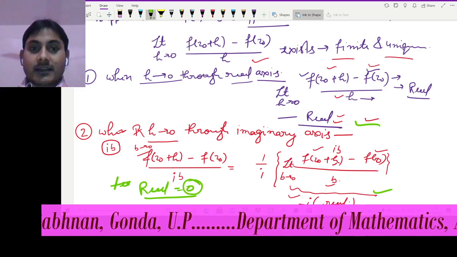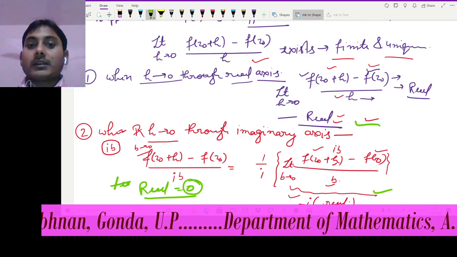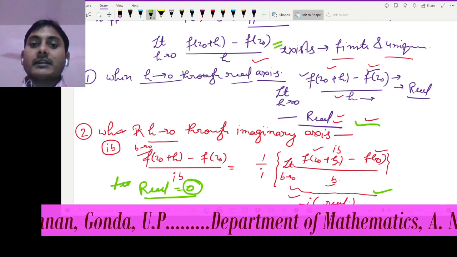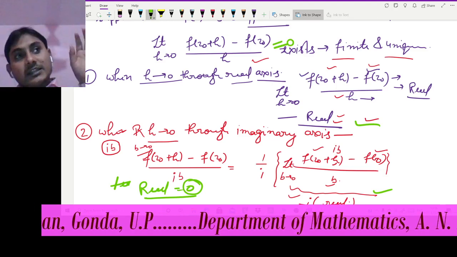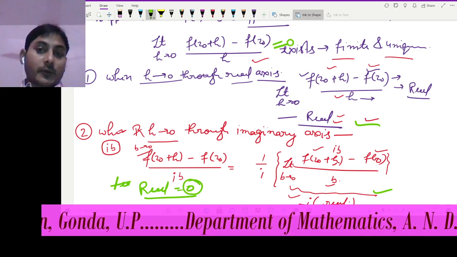It means that this particular limit is nothing but 0. So it is an important result which I have proved here.